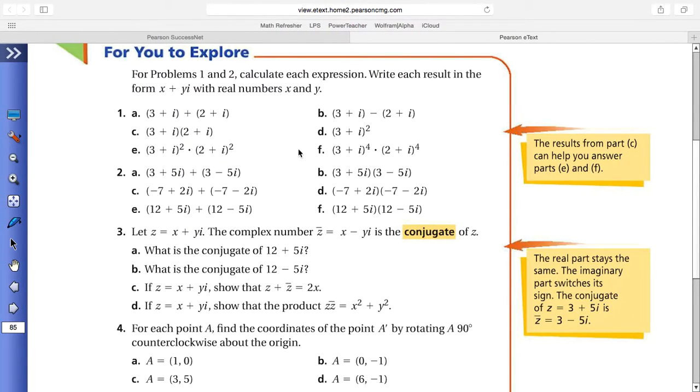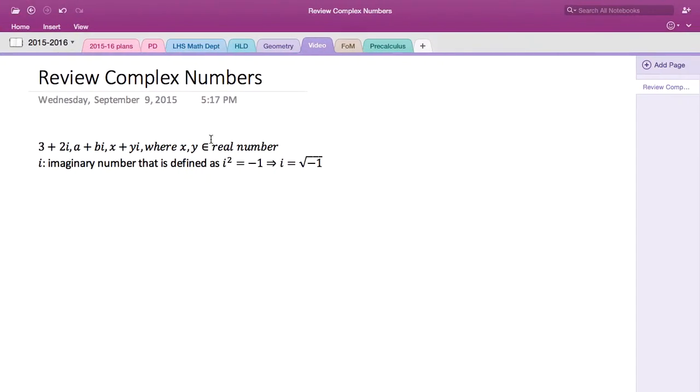So let's do the problem. 3 plus i plus 2 plus i. Structurally, this looks like 3 plus x plus 2 plus x, and this is a 7th grade level problem, so this really is 5 plus 2x.